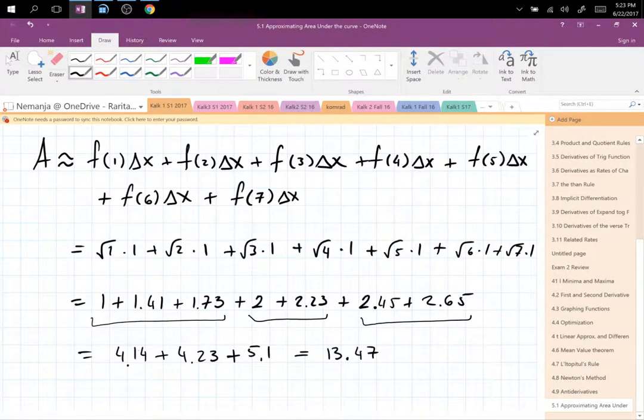So this is an underestimate, right? Because there was an error, and the true area is higher than 13.47. That's that.